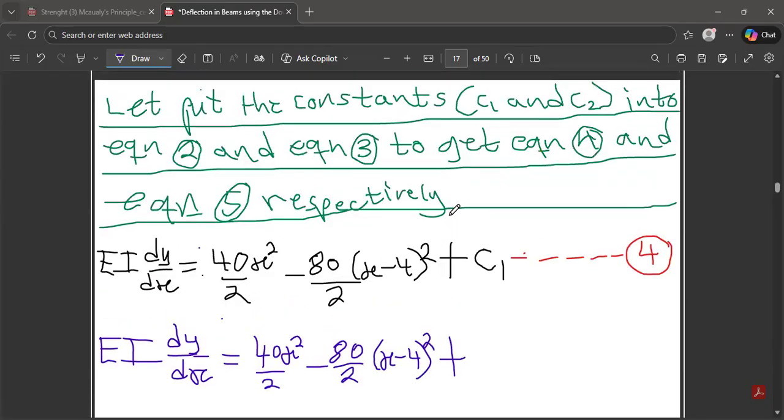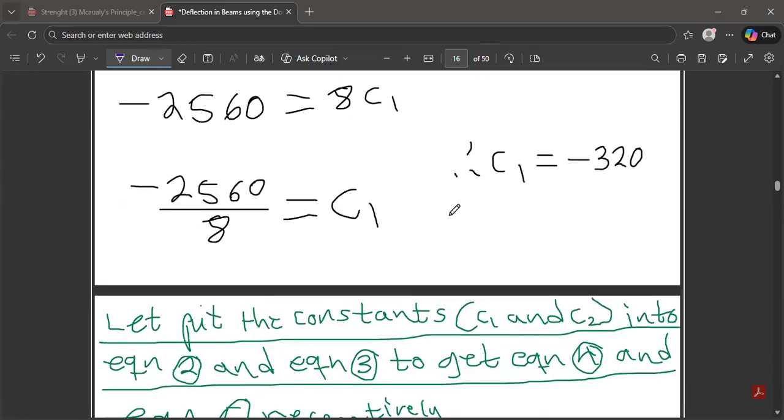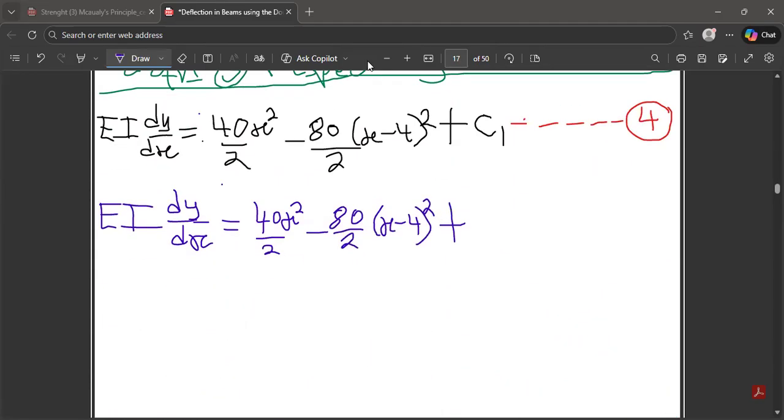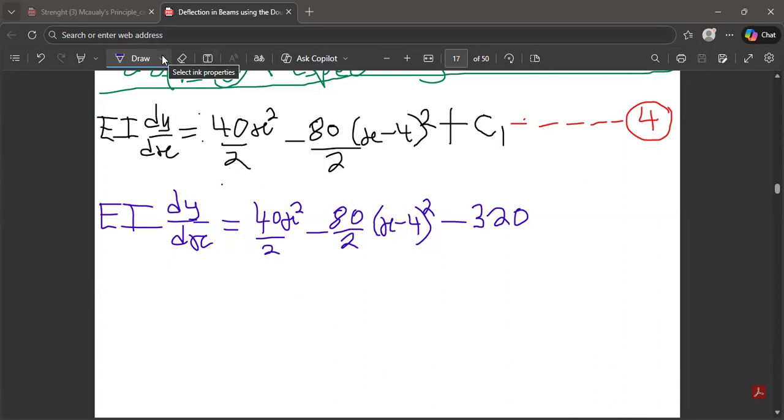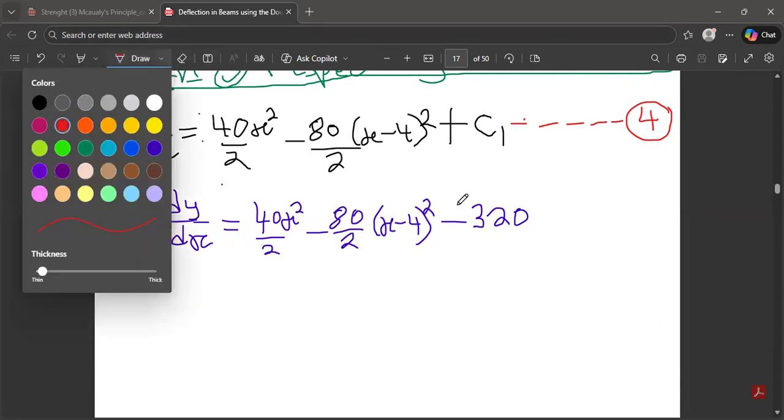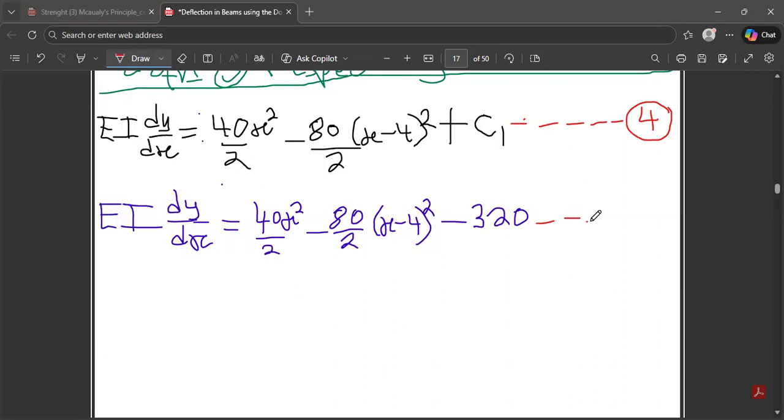And the C1, what did we get? We had negative 320. So in place of that, we are going to put minus 320. So this is now going to become our equation 5.